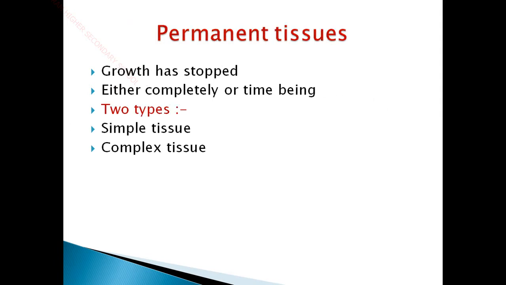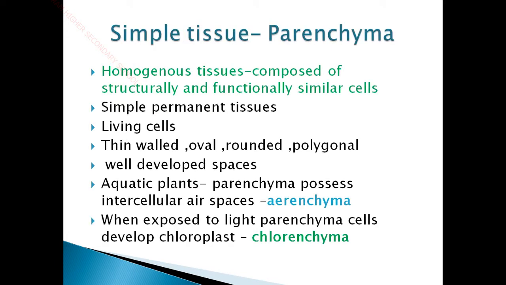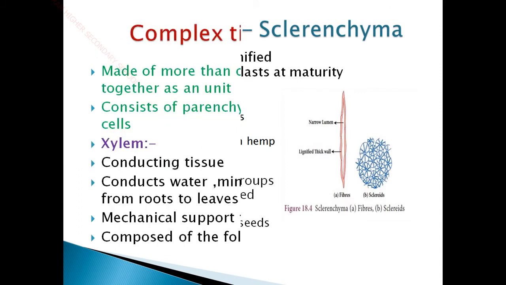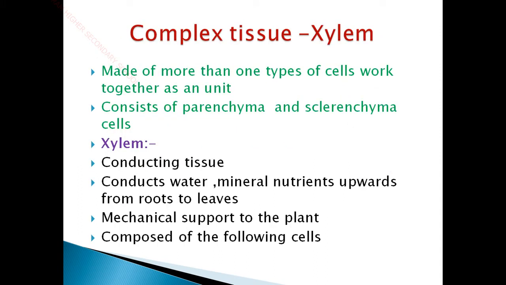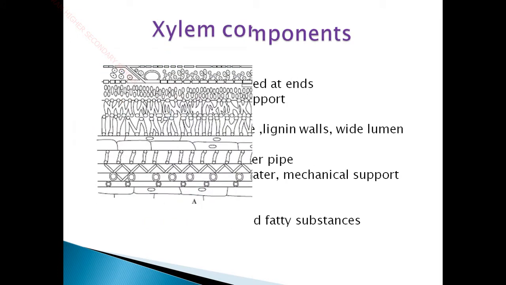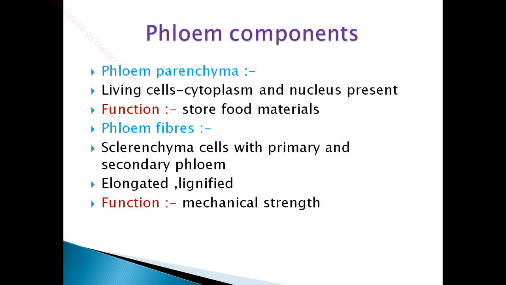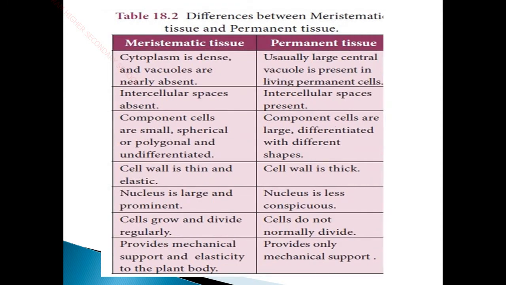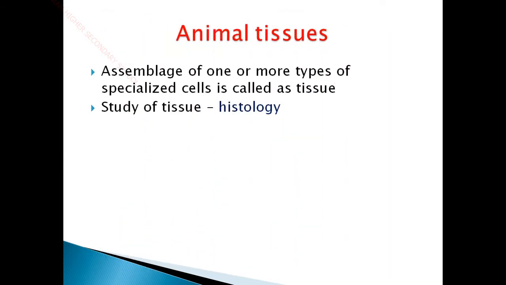Next we discussed the permanent tissues, simple tissues, parenchyma, collenchyma and sclerenchyma, and complex tissues such as xylem and phloem, and various components of xylem and phloem. So this is about the plant tissues, and we have seen the differences between xylem and phloem and between meristematic and permanent tissues.